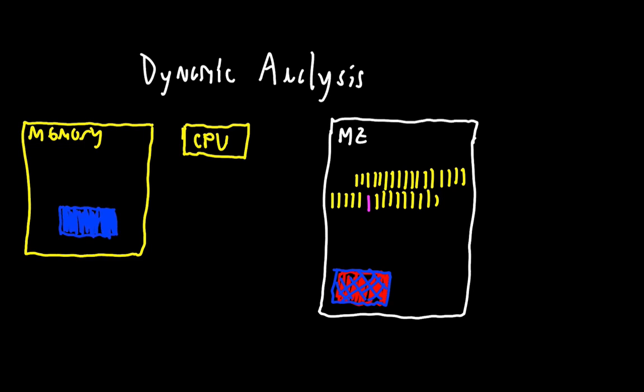As it shows up, and as we keep stepping through and emulating, possibly more and more of our known bad becomes deobfuscated to the point where, voila, we see our known bad, either its content or maybe even a sequence of behaviors that indicate certainly something we don't want to allow is happening here.